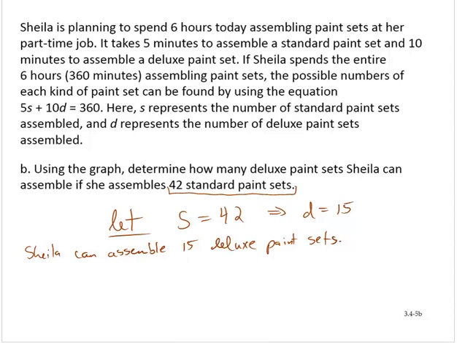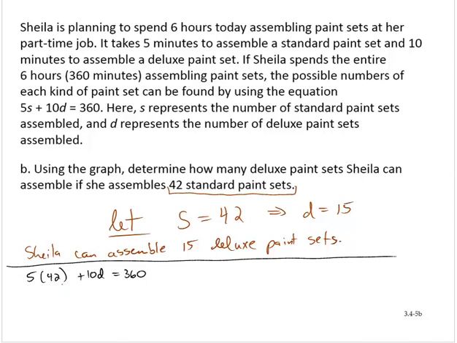Now, we could check that graphical work by using the equation and letting s equal 42. 5 times 42 plus 10d is equal to 360. 5 times 42 is 220, plus 10d is equal to 360. And subtracting the 220, I'm sorry, that should be a 210, shouldn't it? 5 times 42 is 210.